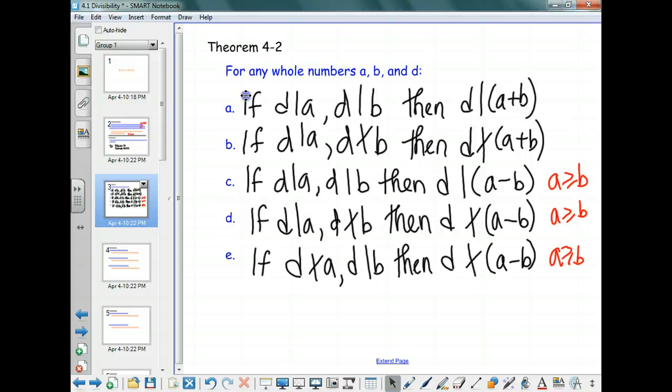So instead of using 20, let's say 21. 4 does not divide 21, right? 4 does divide 8. But 21 minus 8 is 13. 4 still doesn't divide 13, right?